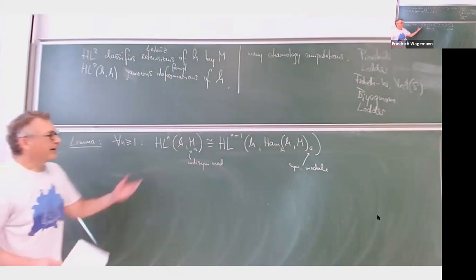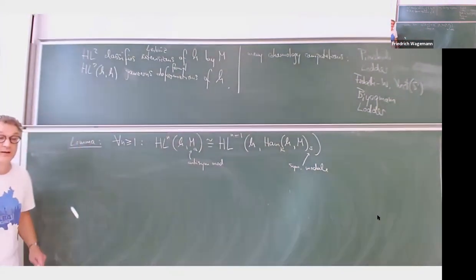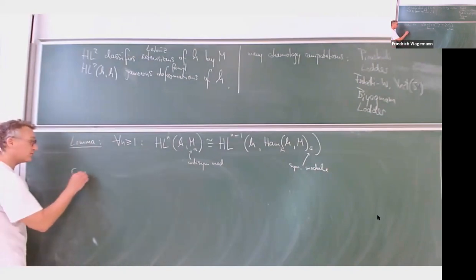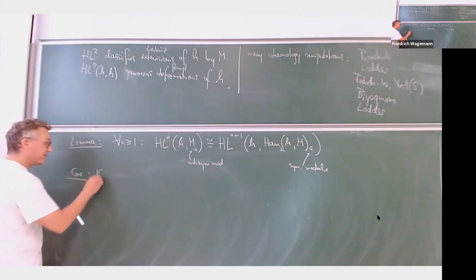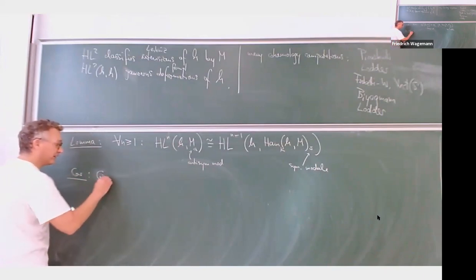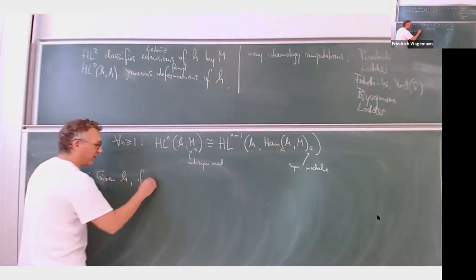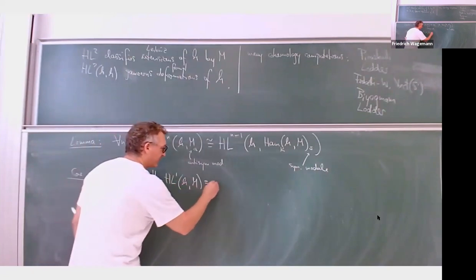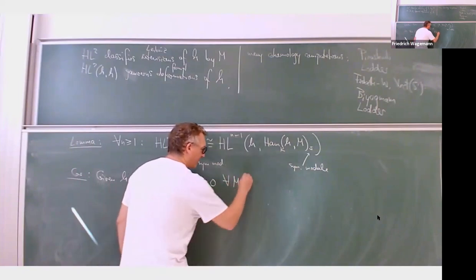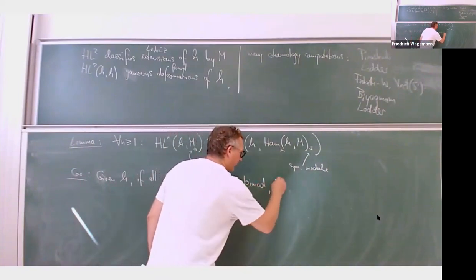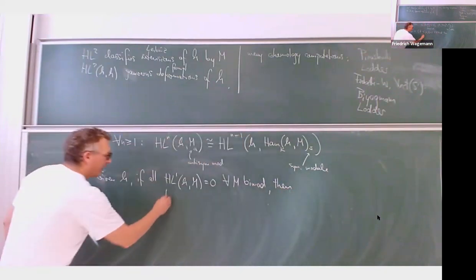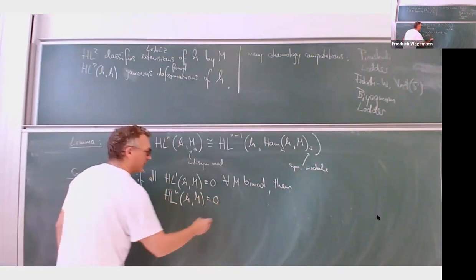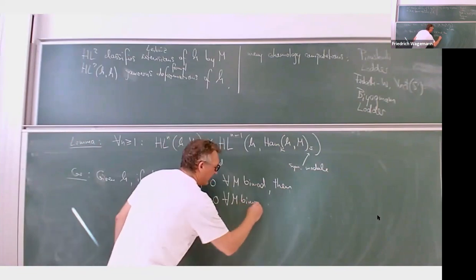And so this lemma is a very fundamental property about Leibniz cohomology, and the corollary is that if, given H, HL^1 of H with values in M is 0 for any bimodule M, then HL^n of H with values in M is 0 for all bimodules M and all n.